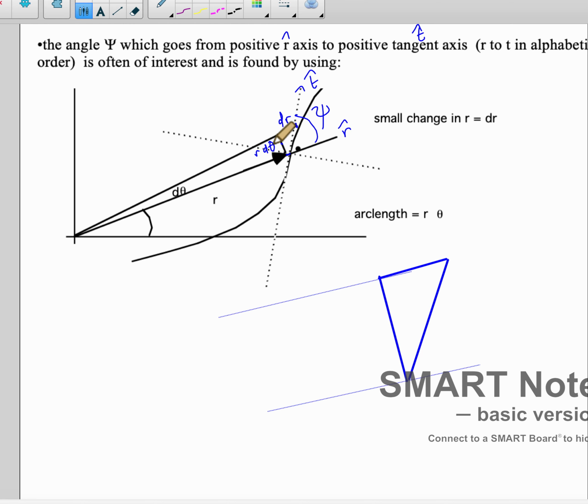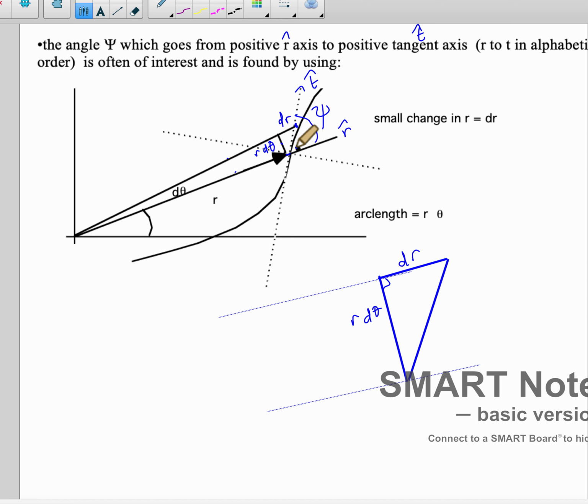Now that's very small. Let me blow it up a little bit down here. So here's dr. Here is r d theta. Now, in the infinitesimal limit, these two lines are parallel to each other, and we actually have a 90-degree triangle.